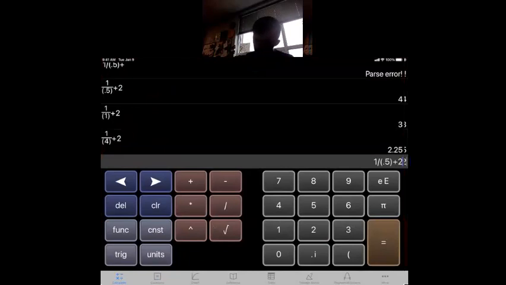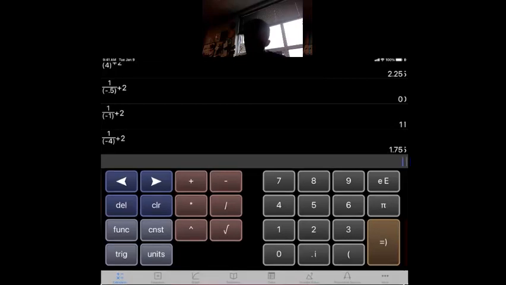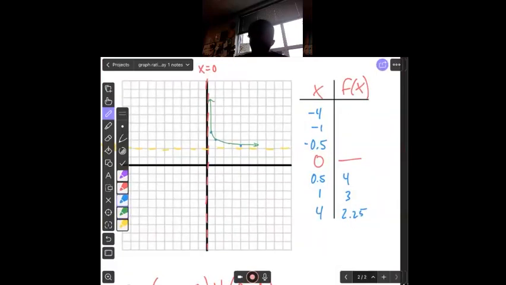And then I'm going to do the math on the other side, so if I make those negative, so negative 0.5, negative 1, and negative 4. Got 0, 1, and 1.75.